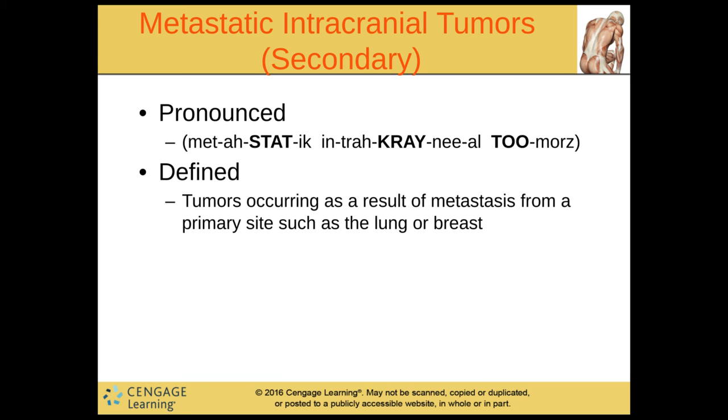And then we have metastatic intracranial tumors, or secondary tumors, right? So this is a tumor that's occurring as a result of something metastasizing from one area to another. We'll just say somebody that has breast cancer, right?